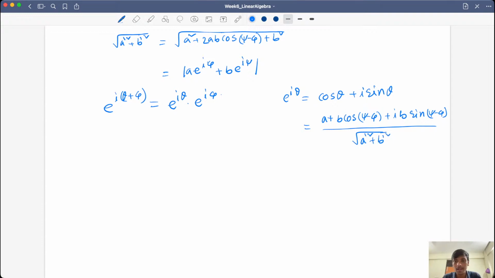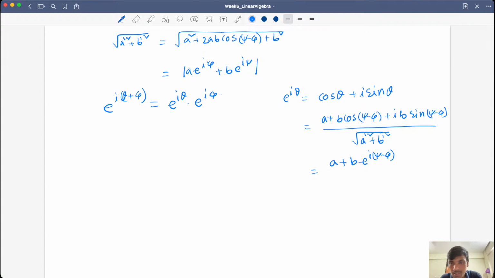Okay, and if you combine this one, then it is saying that it is a plus b e power i psi minus phi. This is just cos psi minus phi plus i sin psi minus phi, with b common.